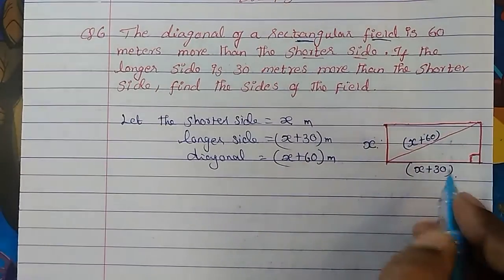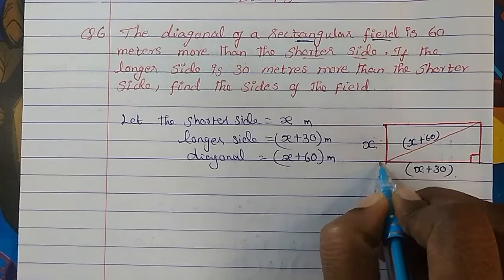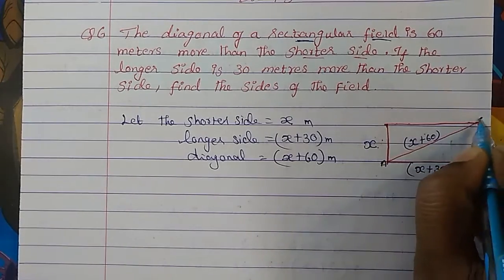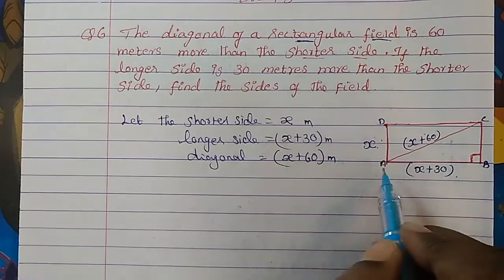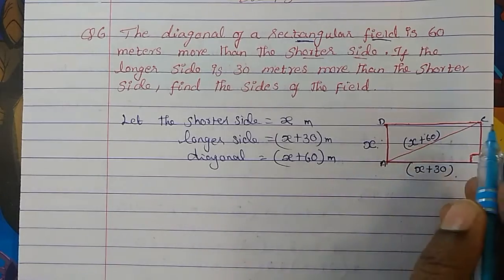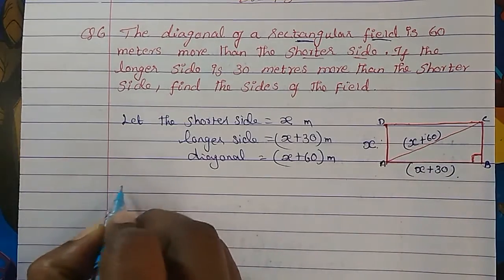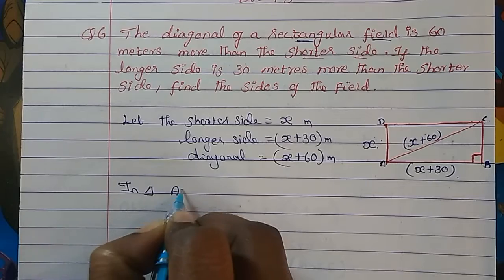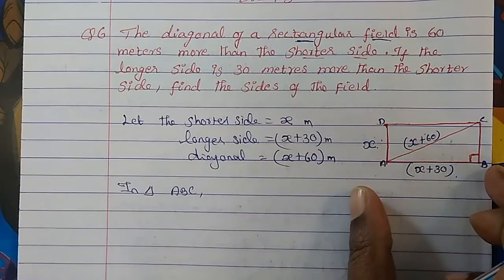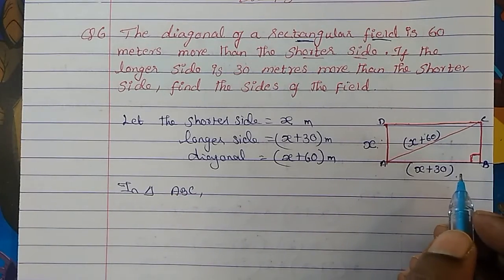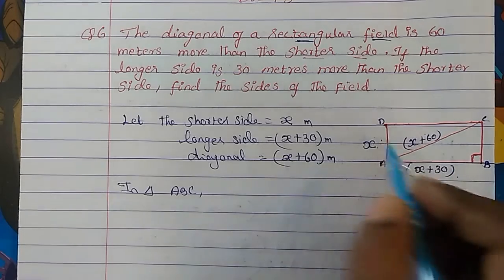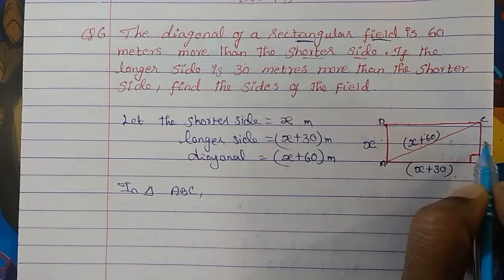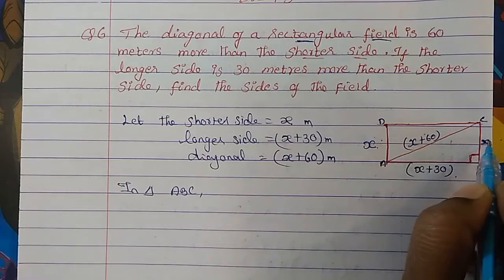Now if you see, this is a right angle triangle. So let's name it A, B, C, D. Now in triangle ABC, whenever we have a right angle triangle, we can directly go for the Pythagoras theorem. This is the shorter side, x, so this side is also x.